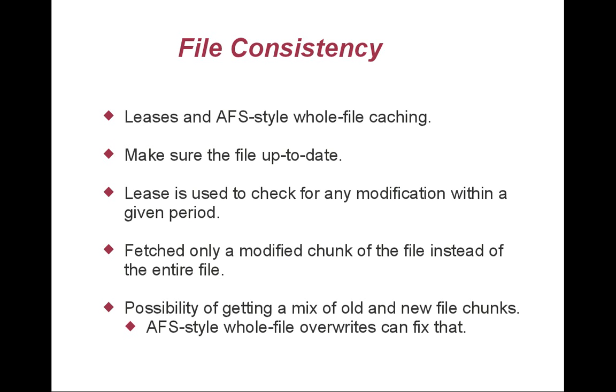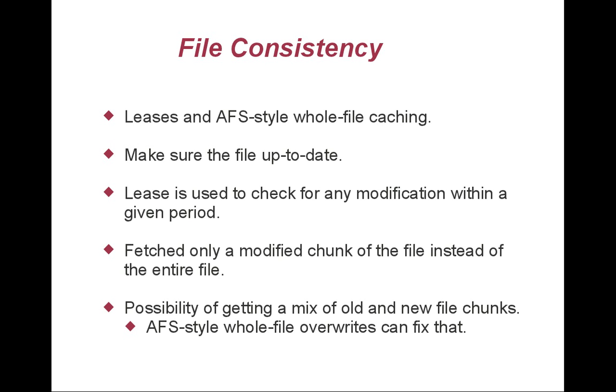So if a user attempts to read from a file, and the file is cached and its lease has not expired, and no notification has been received, the read will succeed. Otherwise, if the lease has expired or you get a server notification, then you will update the file.